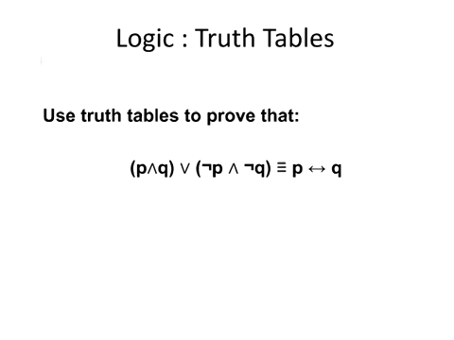So we're going to use truth tables to prove this identity here. We have this term over here. It's a biconditional. I'm not going to introduce it, but I will put down the appropriate truth table column for that. We have the logical OR and logical AND symbols and the negation symbol there as well.